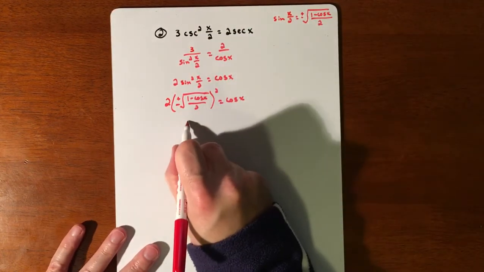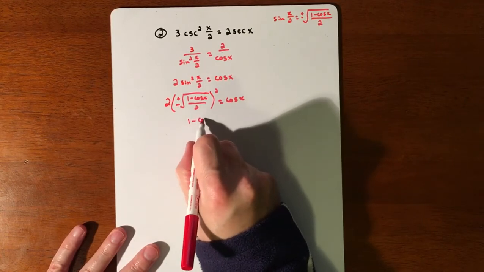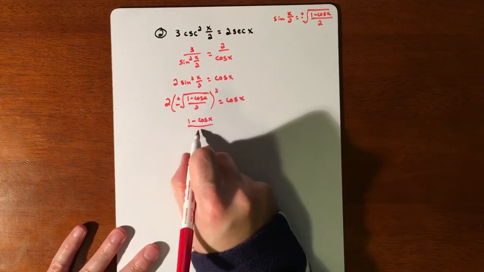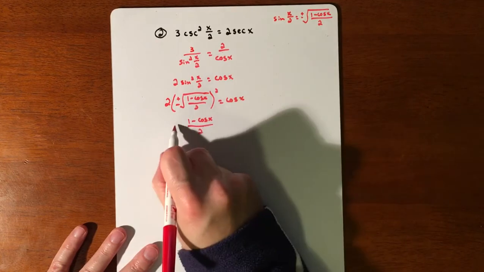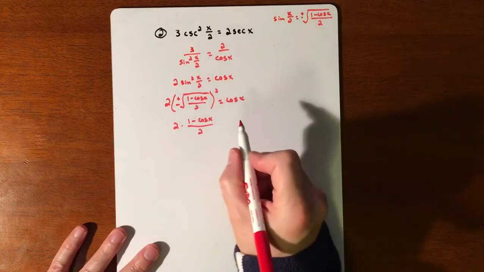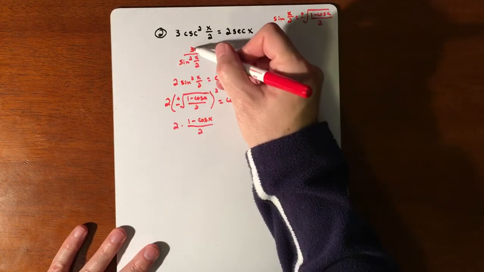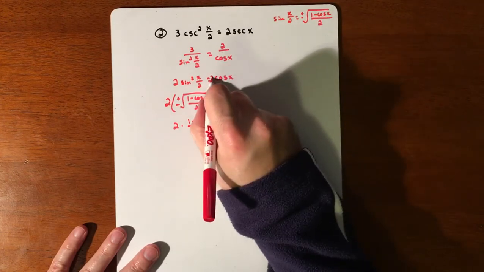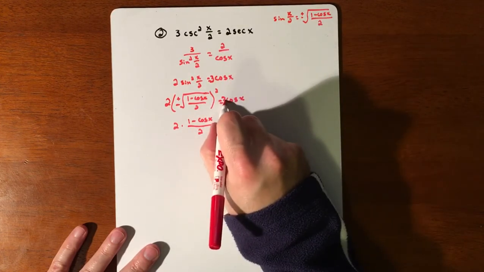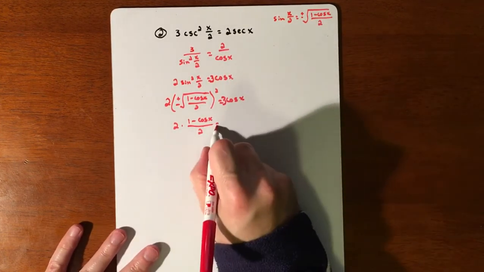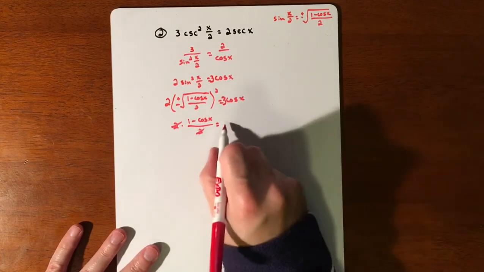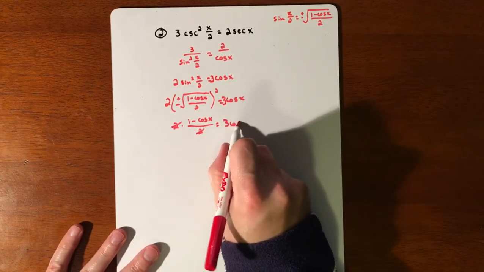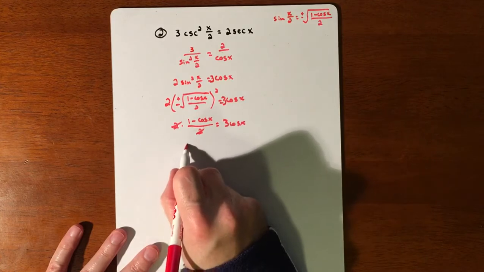So here this whole thing goes away. 1 minus cosine x over 2. Even better, it was being multiplied by 2. I lost a 3 on my cross product here. Okay. So that 2 is going to cancel that 2. So it cleaned up actually very nice.